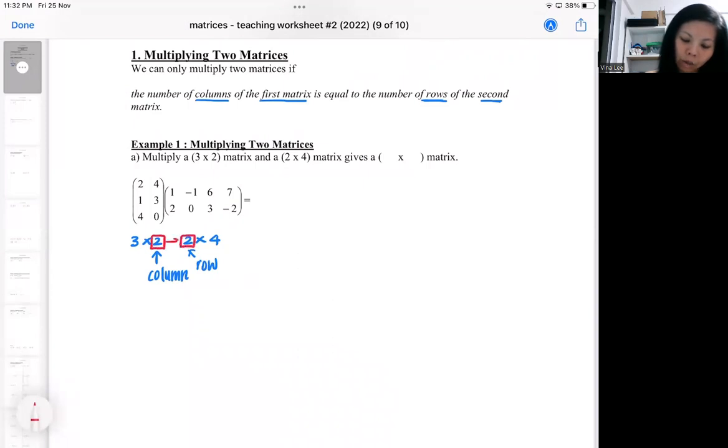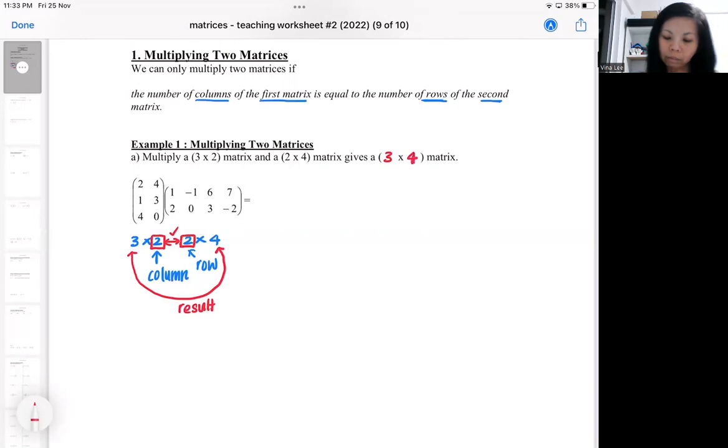When they are equal, you may go ahead with the multiplication. When you do the multiplication, this is the result you get: a 3 times 4 matrix.